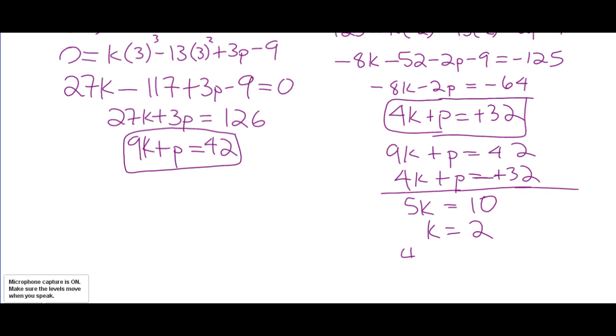And then 4k plus, no. 4 times 2 plus p is equal to 32. P is 24. Okay, so let's just go. K is 2.